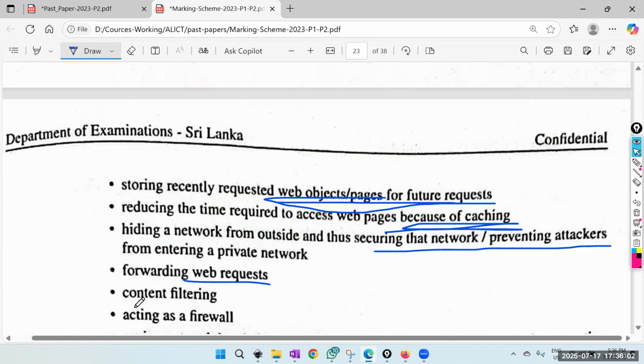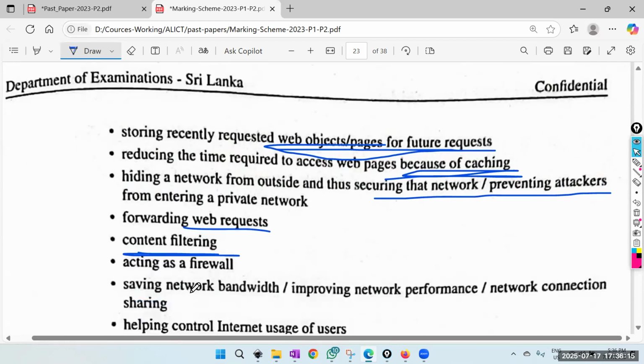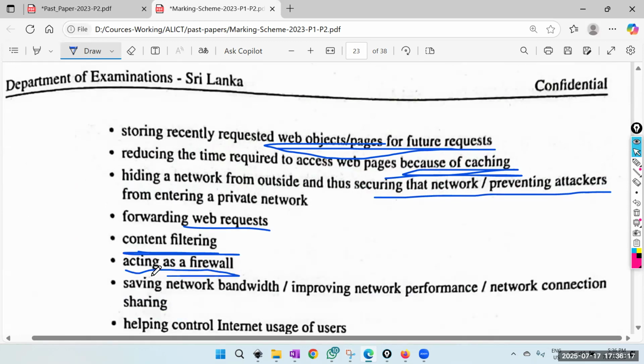Forwarding web requests, content filtering. So remember, we can filter out, saying, okay, no, you are not supposed to go to YouTube on this office network. You are not supposed to go to that kind of inappropriate website. And also, I told you that it is acting like a mini firewall, a security device. Actually, most of these are actions of a firewall.